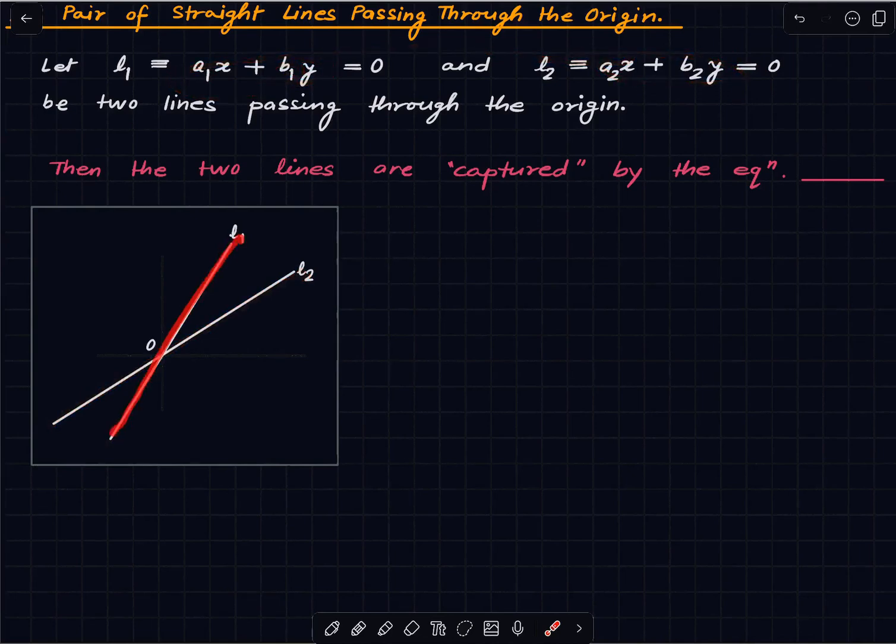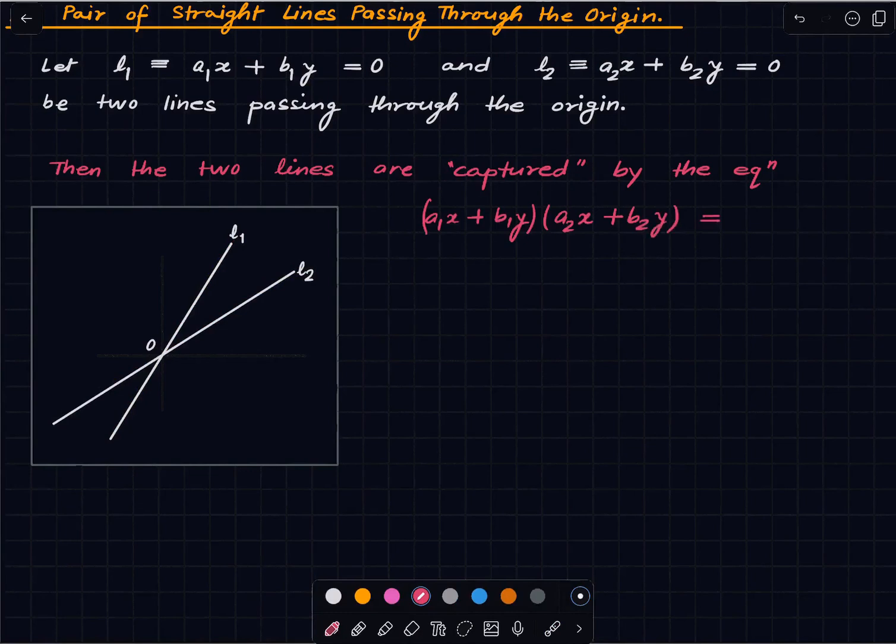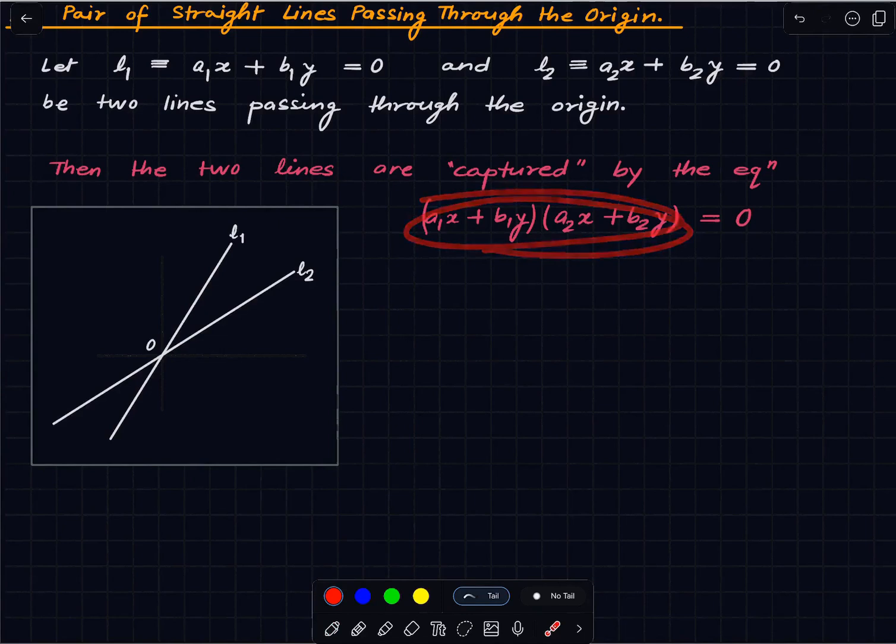So both of these lines are, quote unquote, captured by which equation? This equation. So this equation simultaneously captures both lines. In other words, the zero set of this algebraic expression is the union of these two lines.